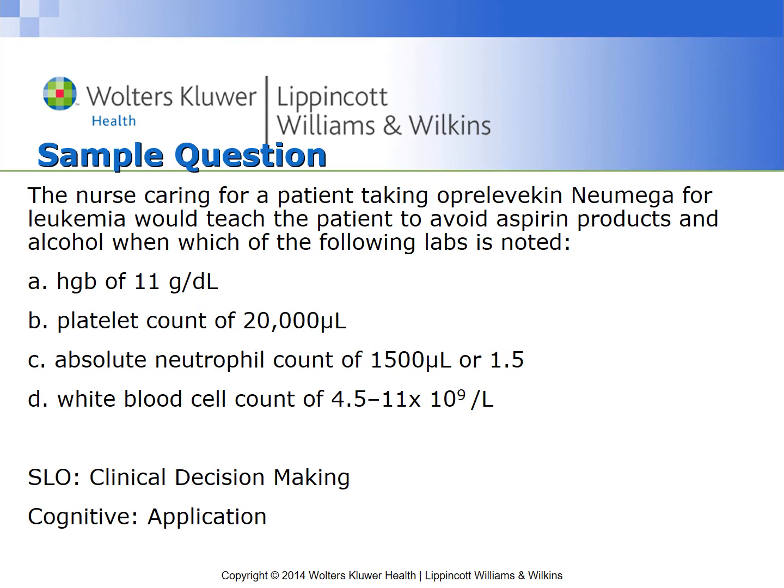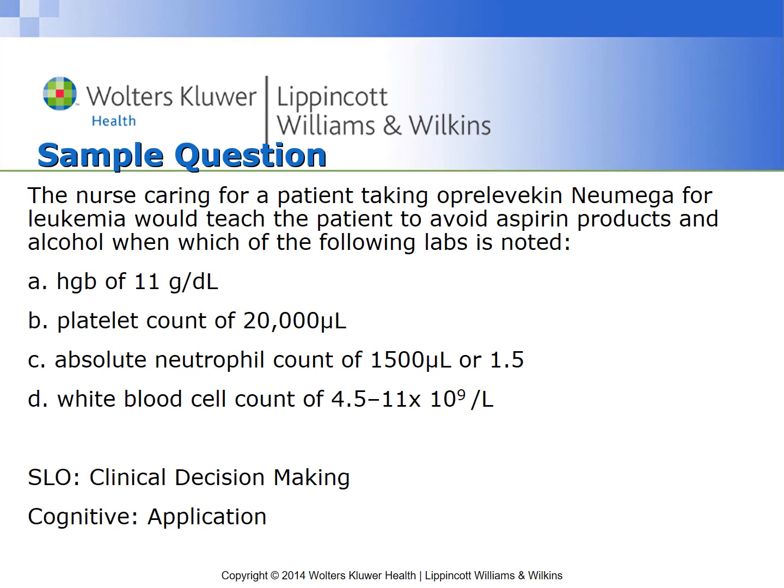The first one is our hemoglobin, and for patients who are sick, we're probably okay with that 11, right? What about our platelet count for B? Is that a good platelet count? So you've got to know your labs on this. C, our absolute neutrophil count of 1.5. Does platelets have anything to do with the absolute neutrophil count?